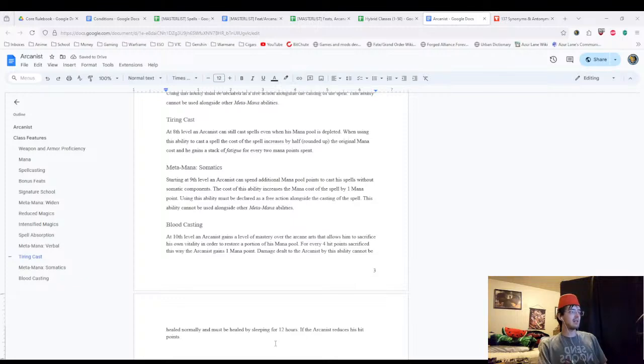If the Arcanist reduces his hit points to 0 or below through this ability, he will die 1 hour after.